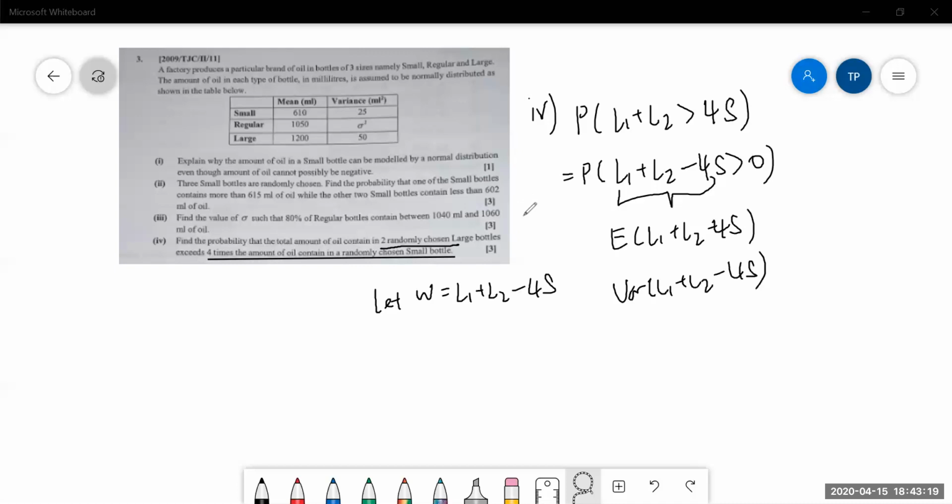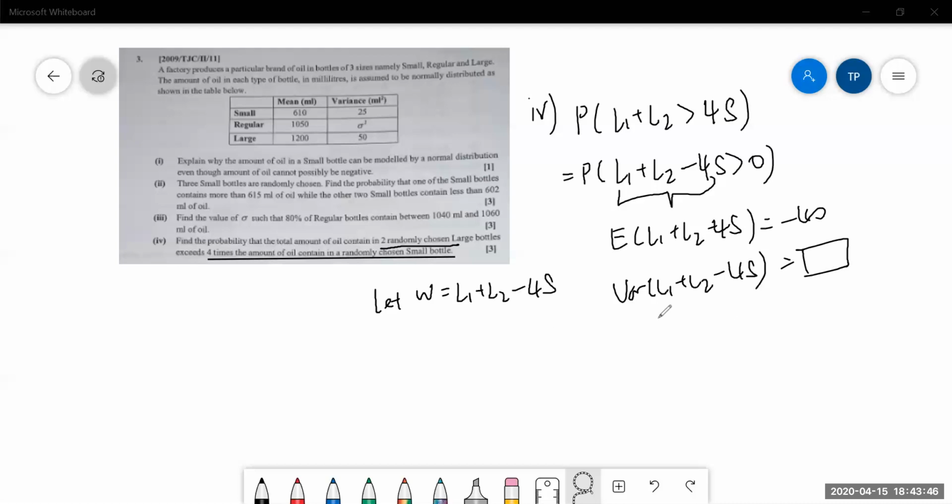Okay, come. My expectation is wrong. How do you calculate expectation? 1200 plus 1200 minus 4 times 610. Correct. It's negative 40 though. Okay, so let's say it's negative 40. So you will know your variance. Do you key in sigma or sigma square? You have to ask yourself.